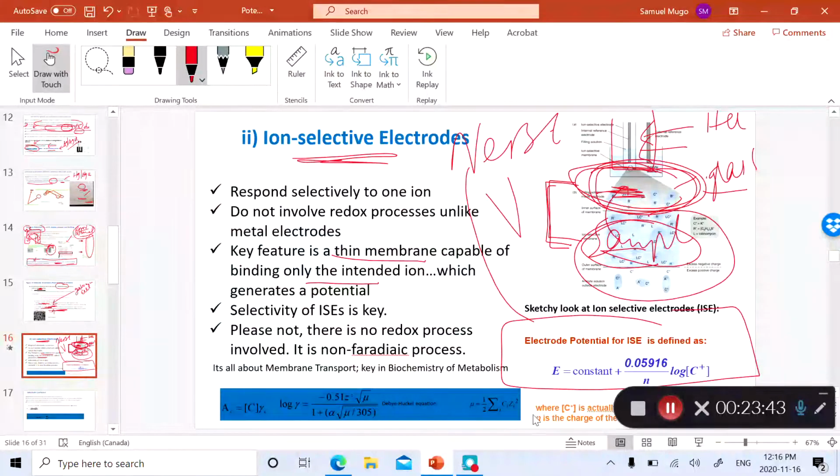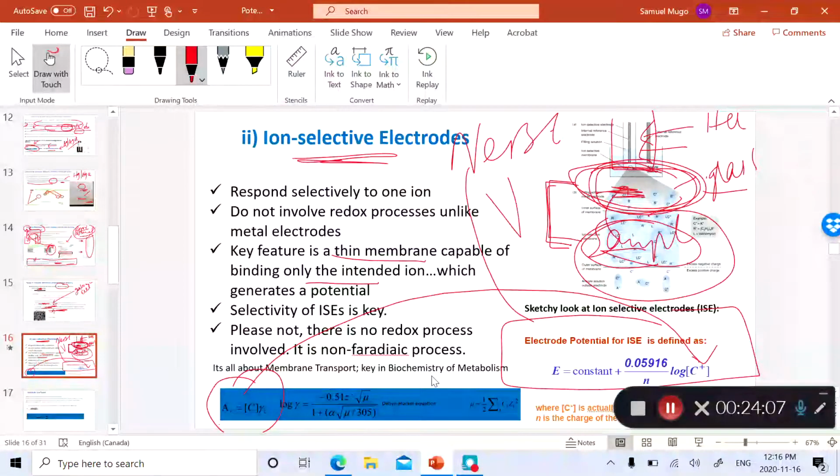And maybe I should emphasize that potentiometry really doesn't detect concentration, but instead detects activities. Okay, remember that. Potentiometry detects the activity of the analyte.